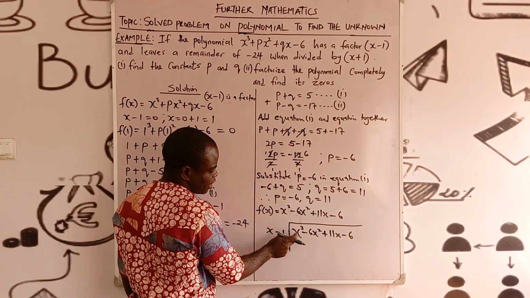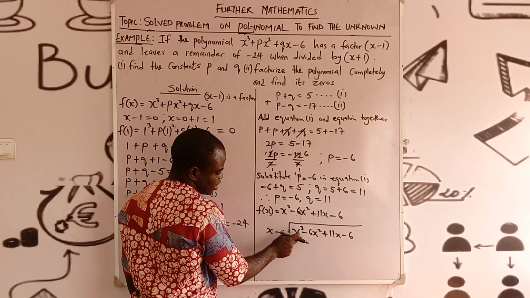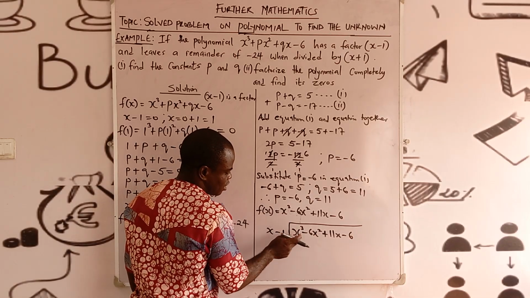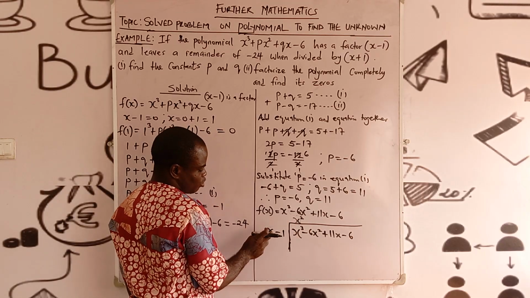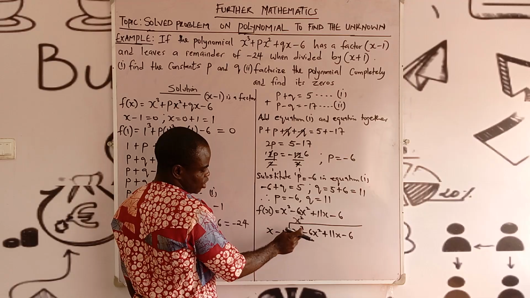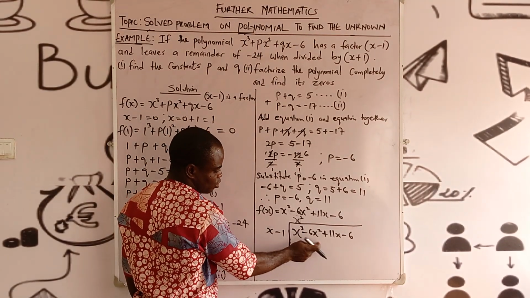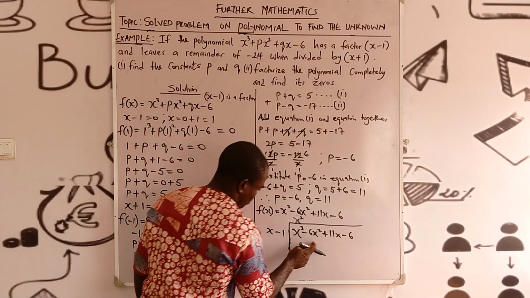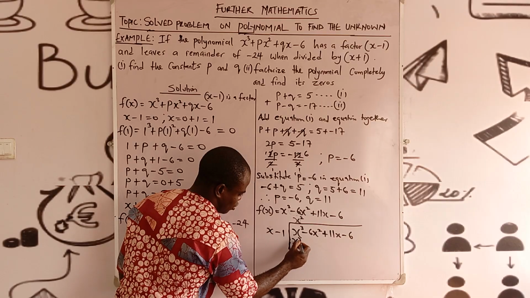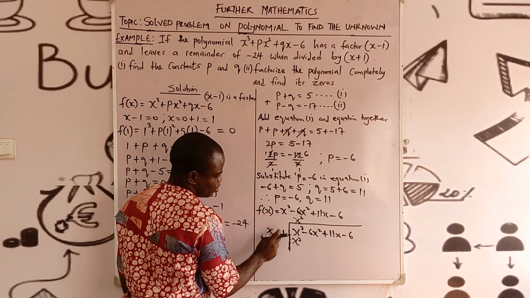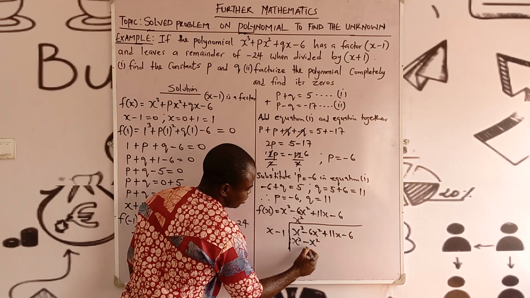Let's consider this x squared first. What can you multiply this x with that will give us x cubed? That's x squared. When you multiply x with this x squared, it gives us x cubed. You now use minus 1 also to multiply. x times x squared is x cubed, minus 1 times x squared is minus x squared.